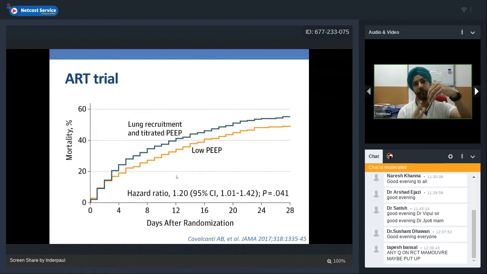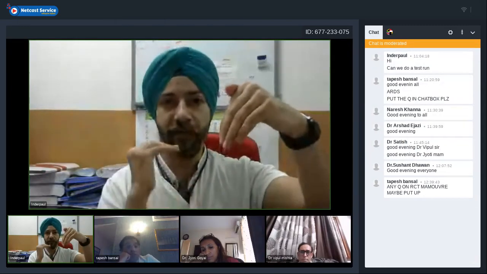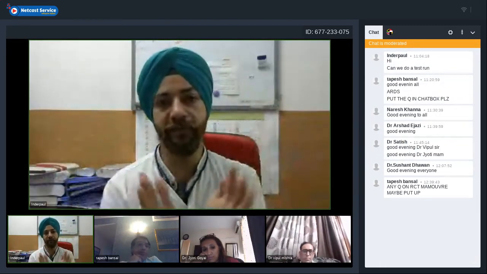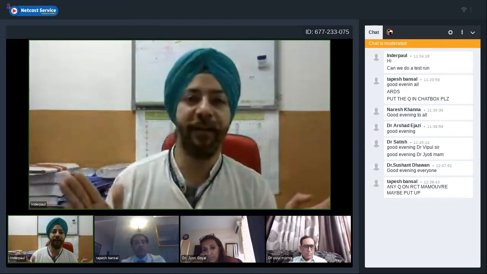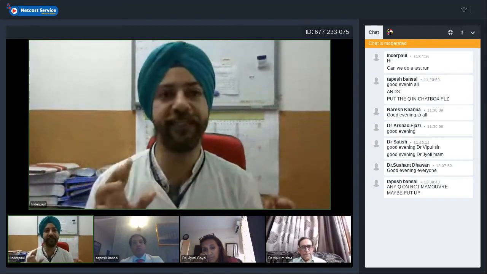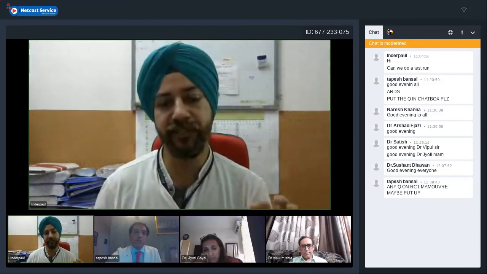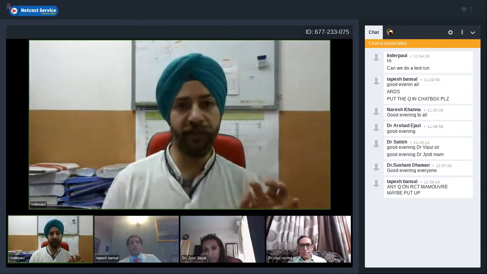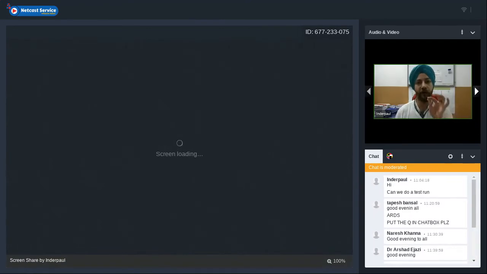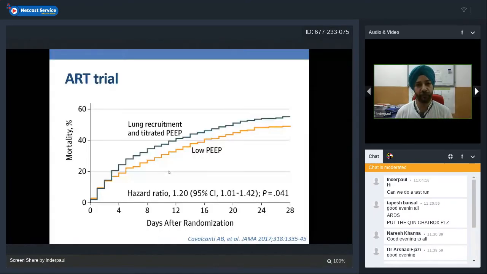That is going to cause more harm. Number three, they did not check whether the lungs were recruitable or not. So they have not done the prerequisite checks. So I would still say that some of the patients would benefit from lung recruitment maneuver, if not all. And we should be very careful in doing lung recruitment maneuvers.